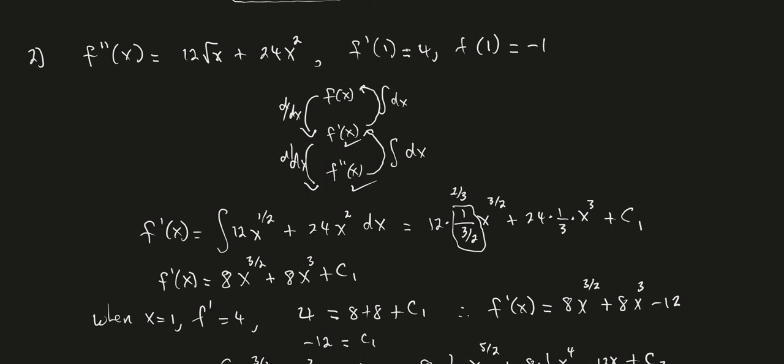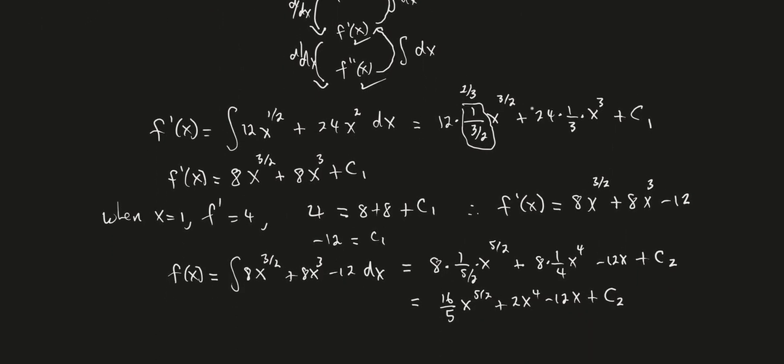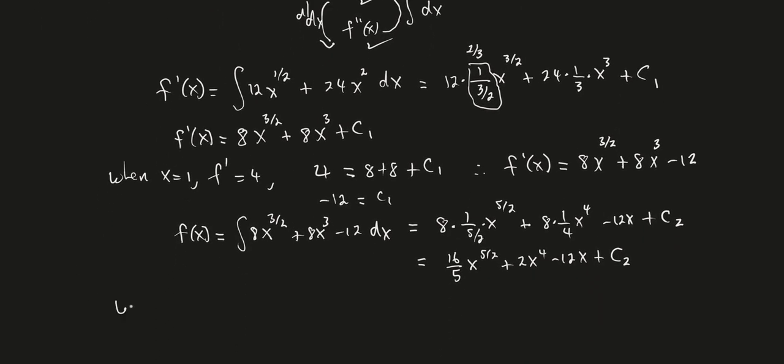So we've used this condition already. Now we're going to use this condition so that when x is equal to 1, the original function value is negative 1, right? So again, we're going to do a very similar process. So when x is equal to 1, f is equal to negative 1.